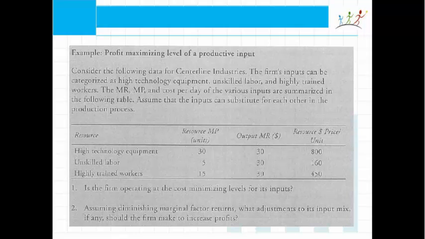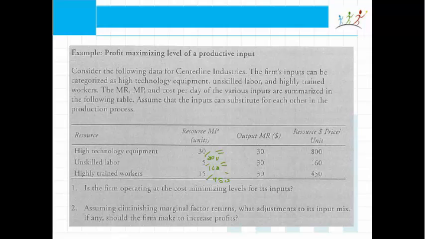For spending $800, I'm getting 30 units. For spending $160, I'm getting 5 units. So 30 by 800, 5 by 160, 15 by 450 will be the marginal product per dollar spent.